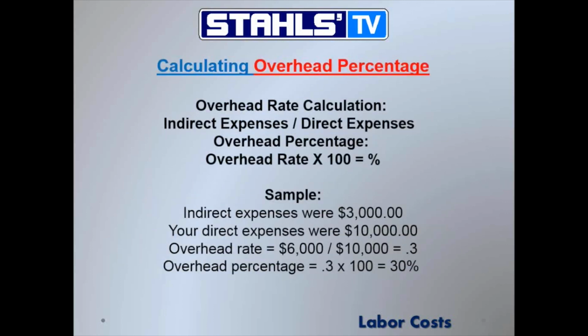So here's an equation for overhead percentage and calculating an overhead rate, which leads to a percentage. So basically you take your indirect expenses, which were all of those things we just talked about, and you divide that by your direct expenses over the same period.